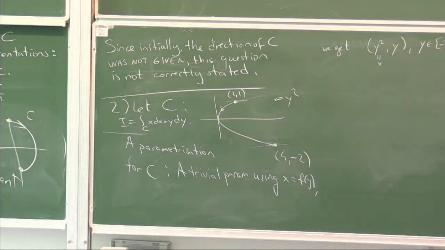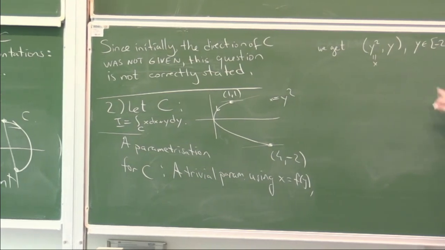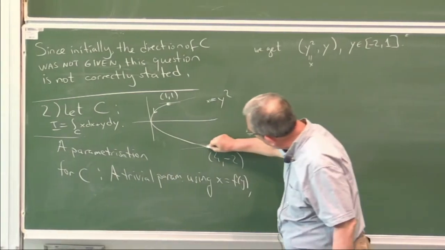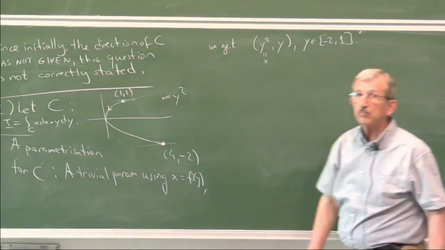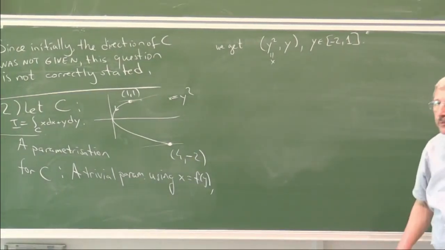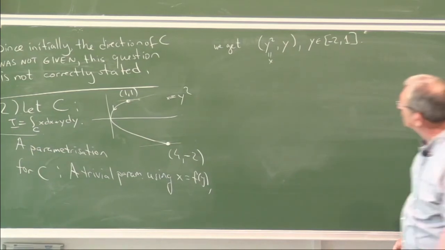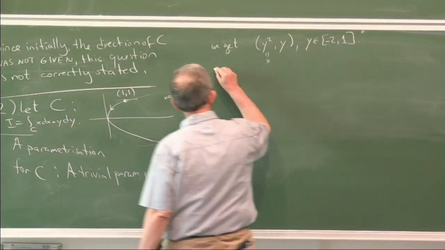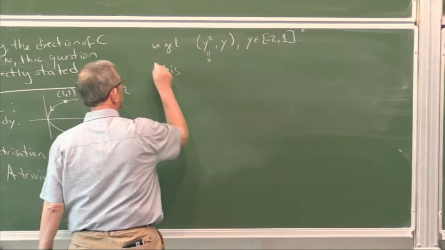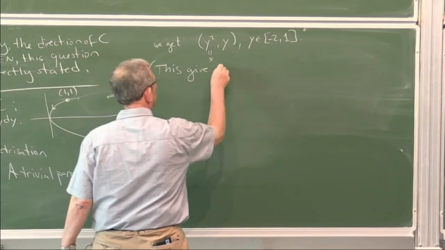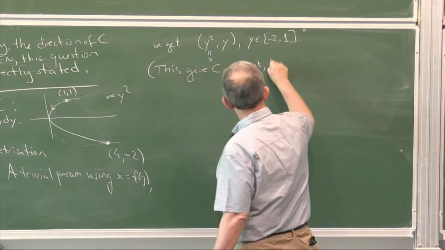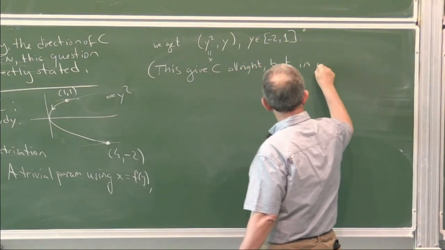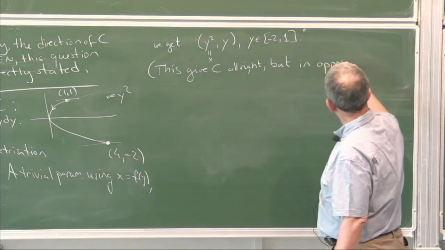Clearly, this parametrization starts when y is -2 at this point and traces everything up to 1, 1. However, we have one problem. This gives C, but in the opposite direction.